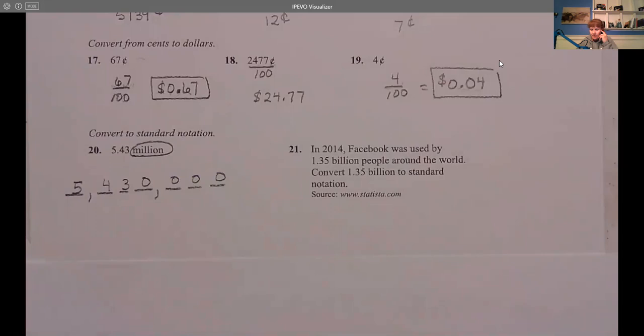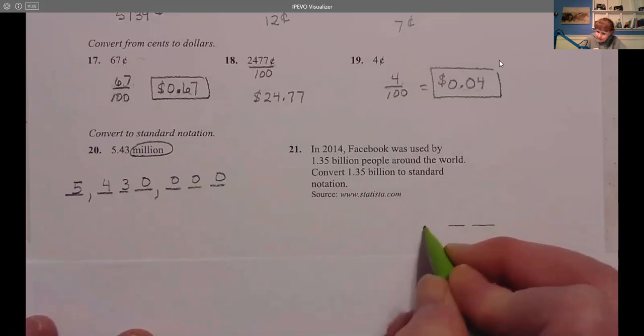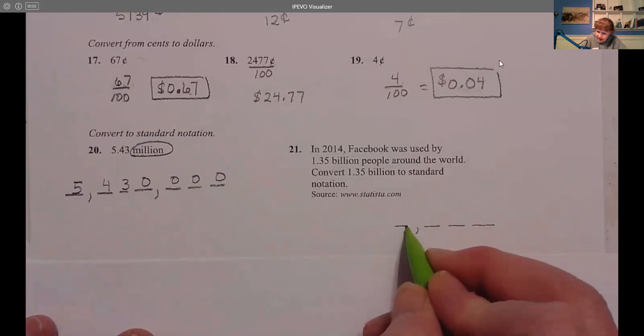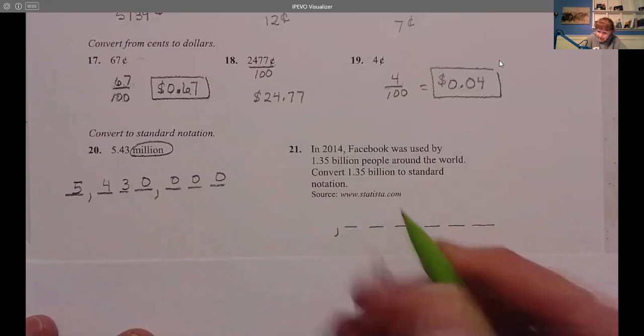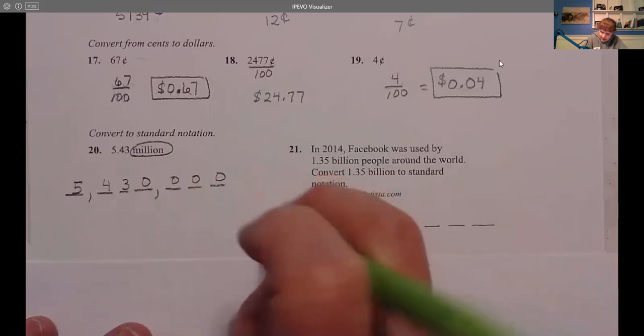Here in 2014, Facebook was used by 1.35 billion people around the world. They want you to convert 1.35 billion to standard notation. Billion, so we've got our ones here. We've got our thousands period, our millions period.